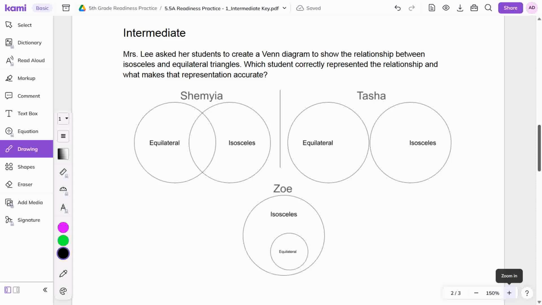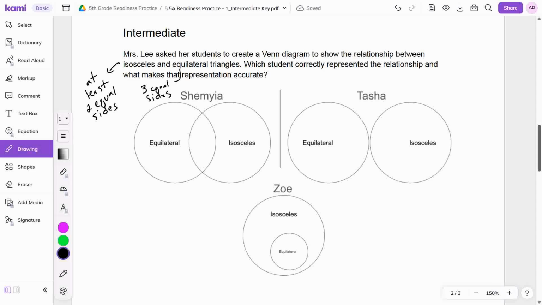Isosceles triangles have at least two equal sides. And then equilateral triangles have, since we're talking about sides, three equal sides. All right, so here's an example of an isosceles triangle.